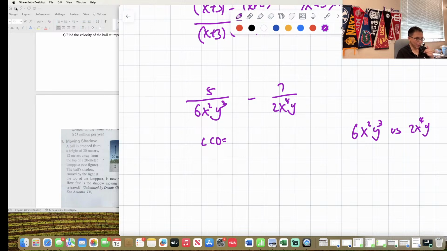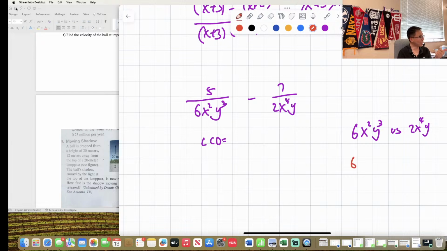The way to pick the common denominator is always to take care of the number first. What is the least common denominator between 6 and 2? Who says 8? It's not 8. It's not 2 either. 6, good job.